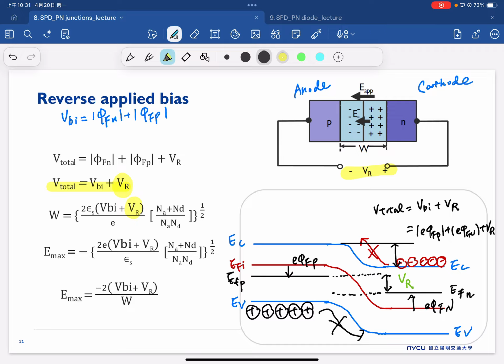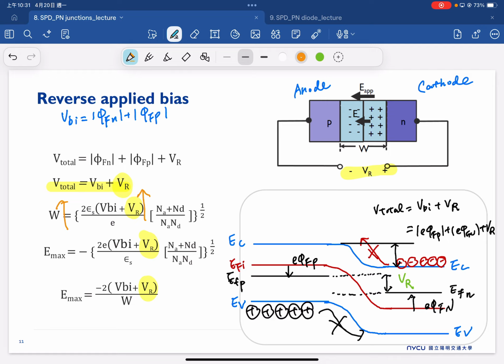The maximum electric field, Emax, is also related to this additional VR. So once we increase our reverse bias, our depletion width gets wider and wider, and the electrons and holes will have great difficulty crossing this large barrier height.